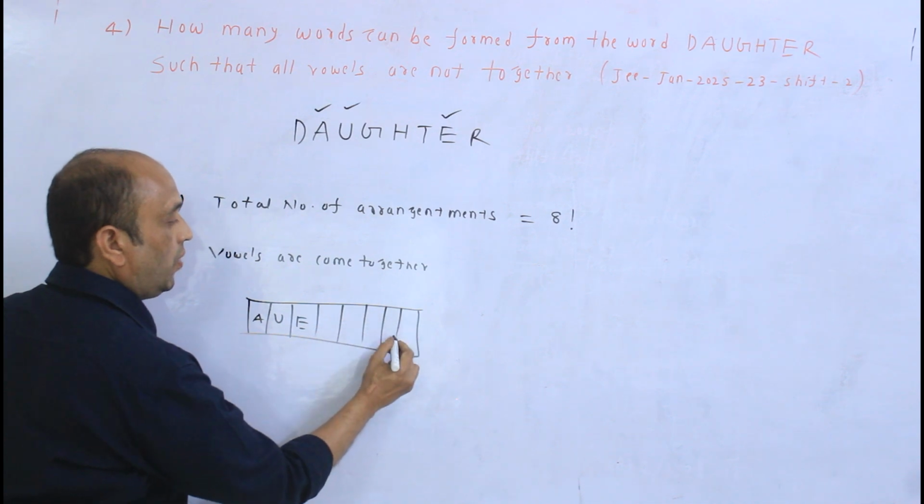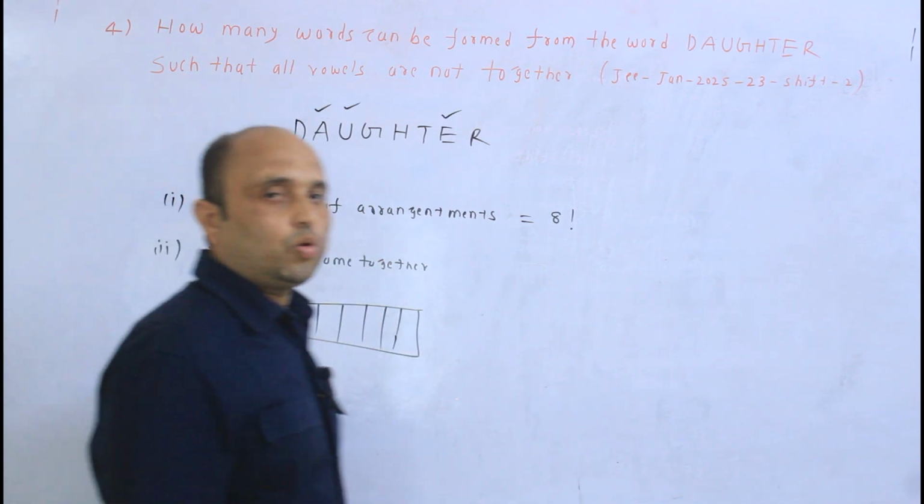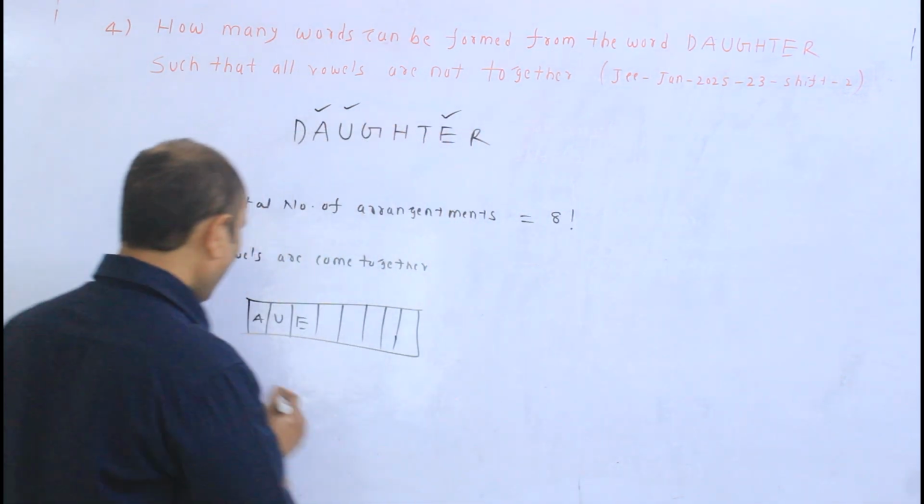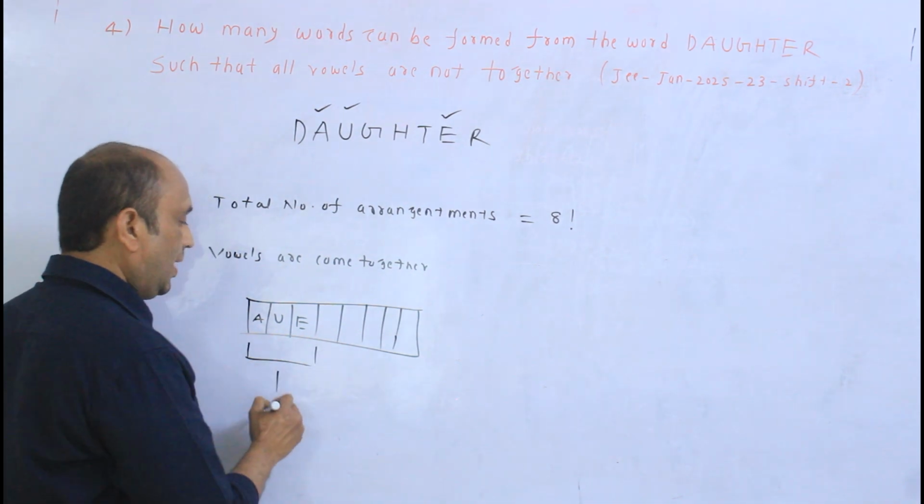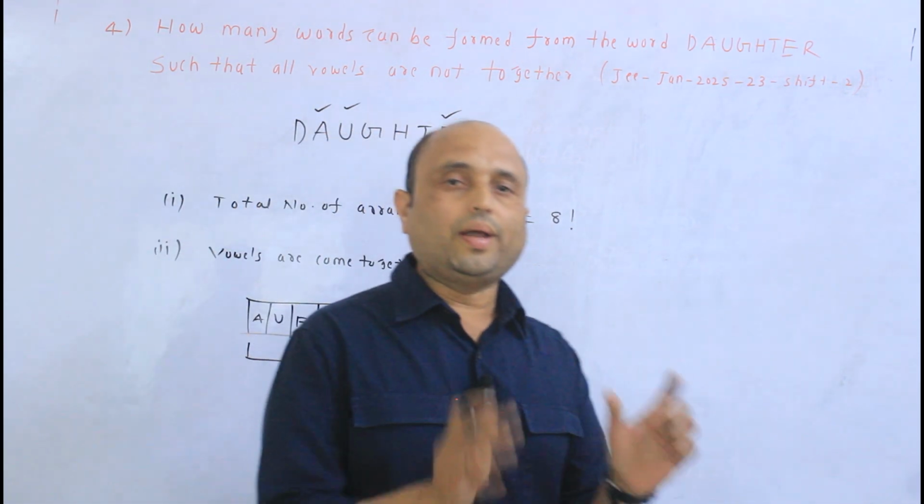Now, vowels come together means we assume the 3 vowels as 1 unit.